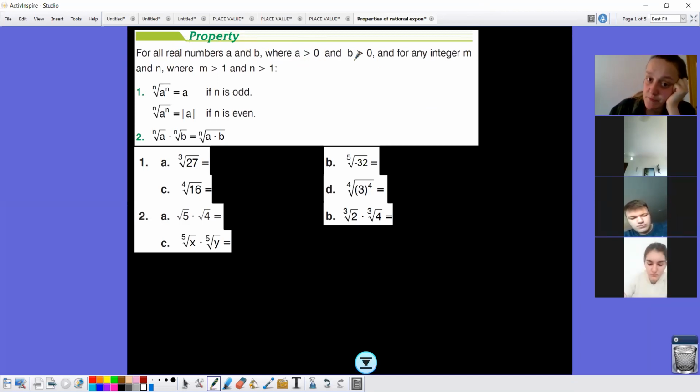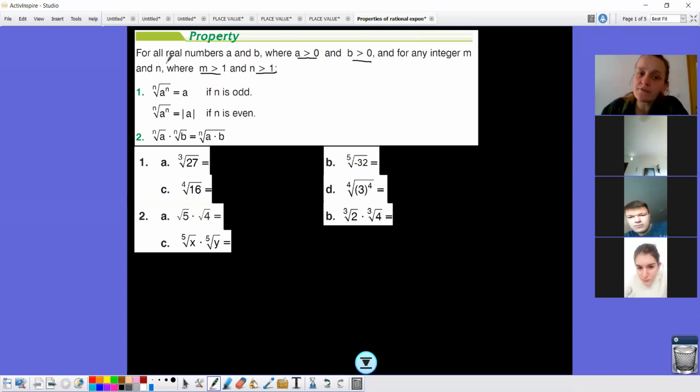A is positive, b is positive. And m and n are integers, which are greater than 1, okay? If you can see here, m is greater than 1, n is greater than 1, and a and b are positive numbers.